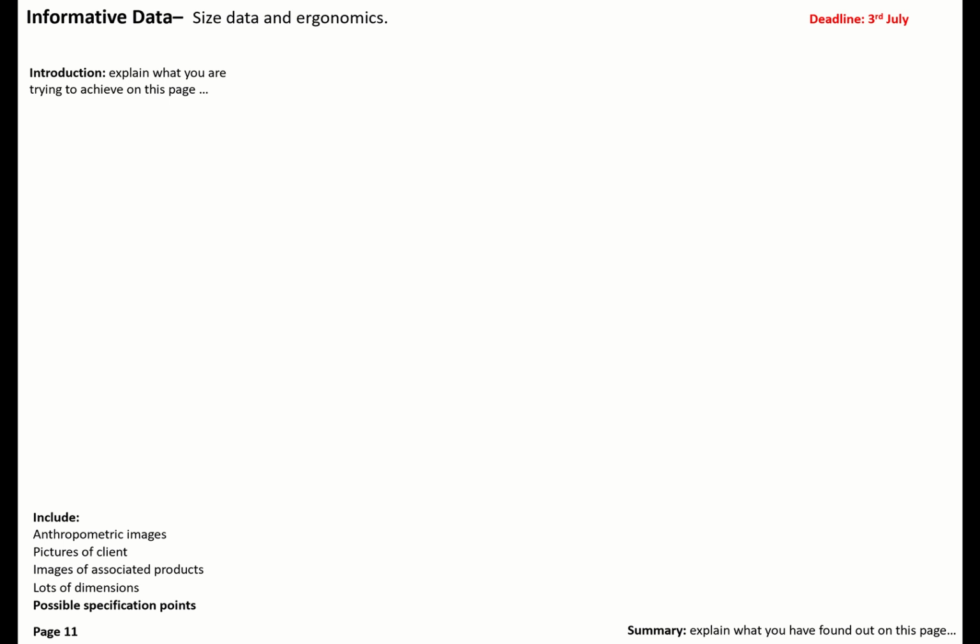You don't necessarily go for those below 5% or above 95%, because those people could be exceptionally big or exceptionally small, and we don't really cater for those too much. We're making a product commercially viable, but we have to, of course, if we're making a one-off product. All right. So what would I expect for ergonomics? I'd expect you to identify part of the body which interacts with the product.